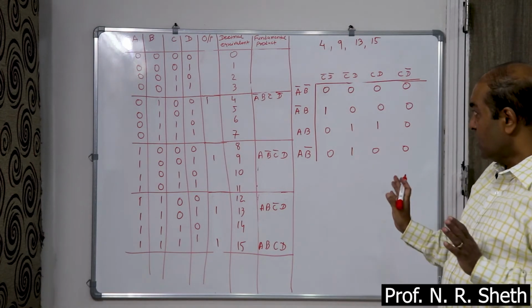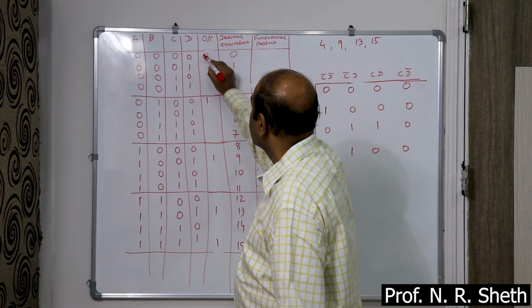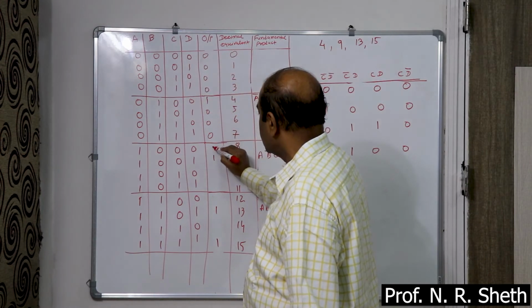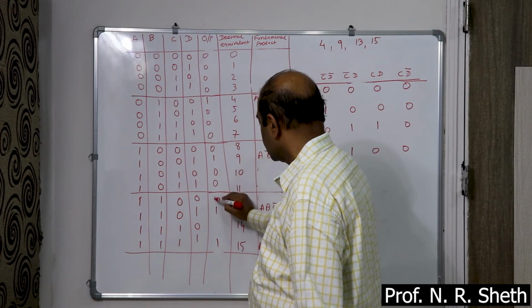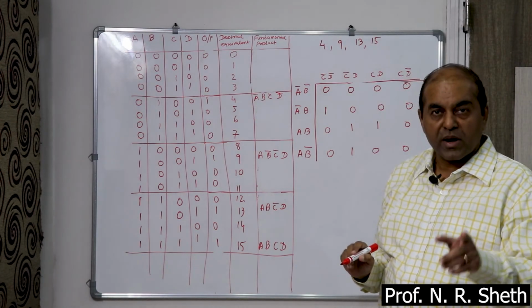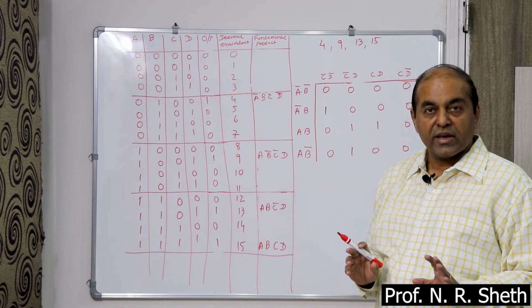Here again for the remaining space you can put zeros. No need to write down fundamental products. So this is the designing of your K-map.